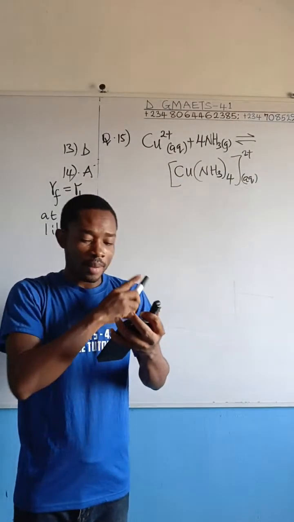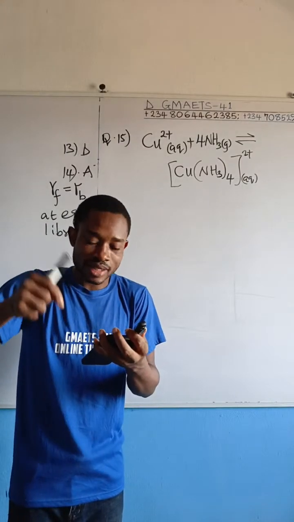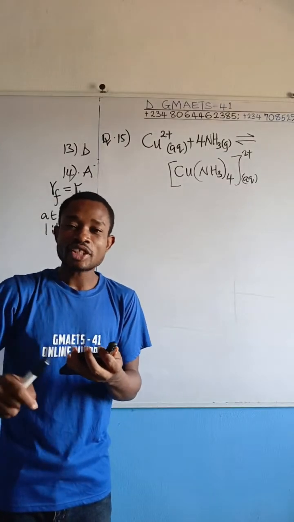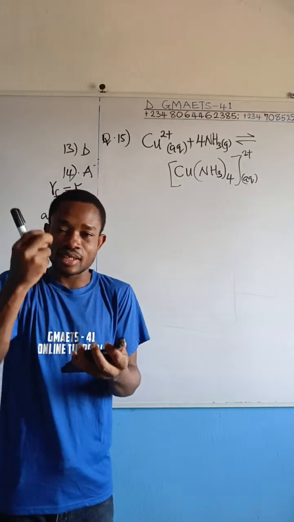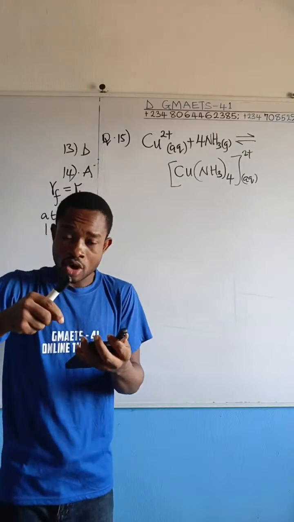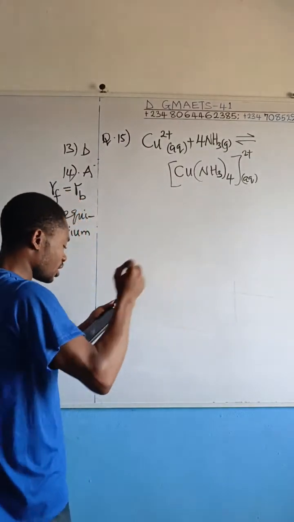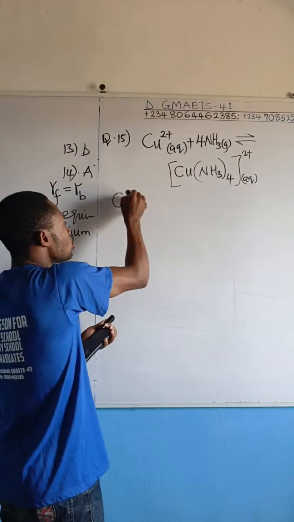In the reaction above, what is the effect of precipitating Cu2+ ion as CuS, copper sulfide?